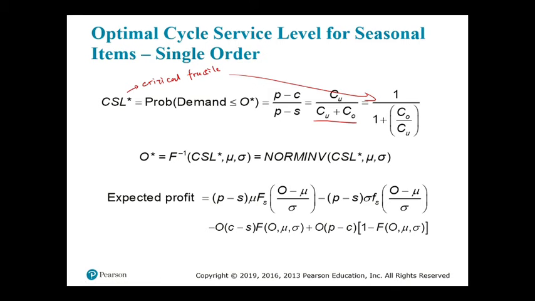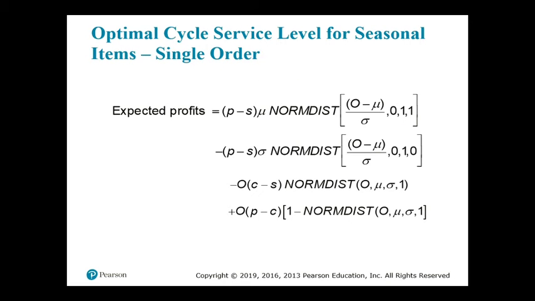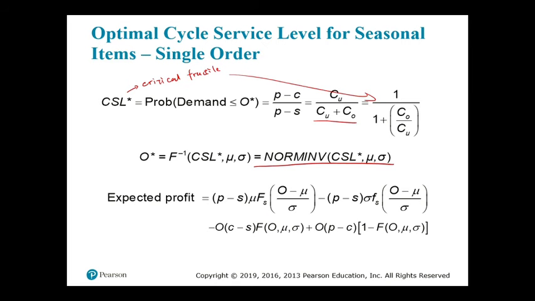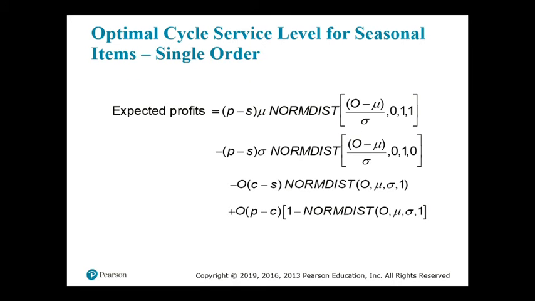Now, if demand follows normal distribution, then we can calculate the optimal order quantity using this formula. And we can also calculate expected profits using these norm dist functions.